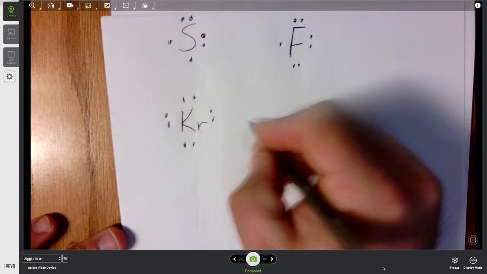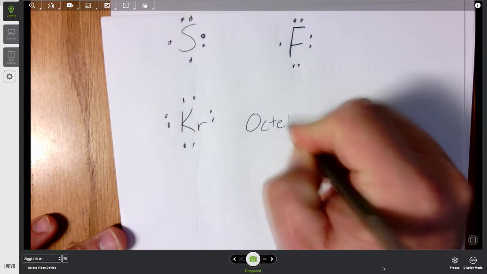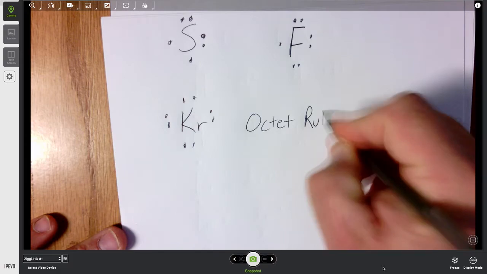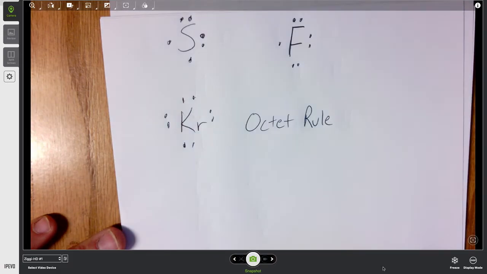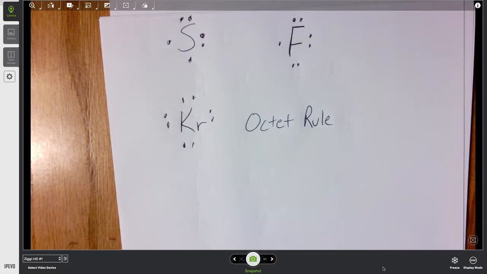Remember the octet rule? No. Okay, so the outer energy level, valence energy level, is considered full when you have 8. That's the reason why the gases like neon, krypton, argon, xenon, and radon are noble gases.